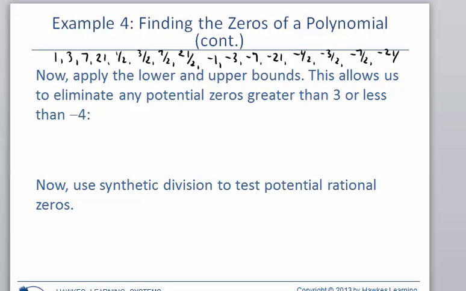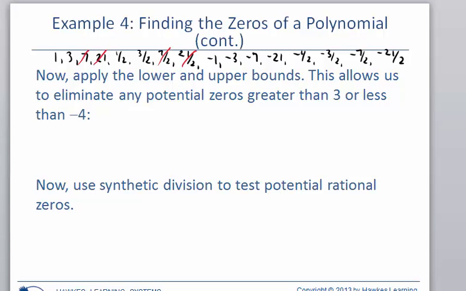Okay, so these were our potential rational zeros, and we're now saying that there's no zero that's greater than 3. So that allows me to eliminate the 7 and the 21. It also allows me to eliminate the 7 halves, because that's 3.5, and the 21 halves.